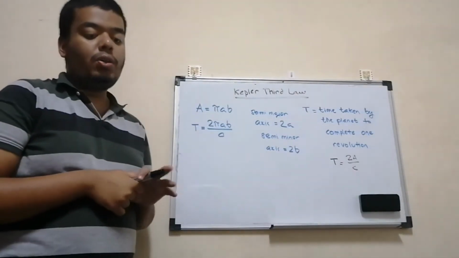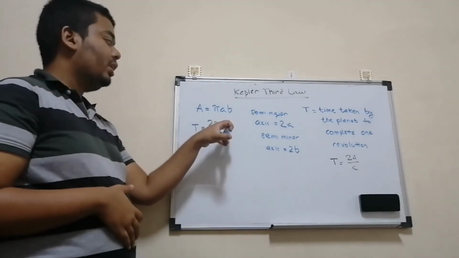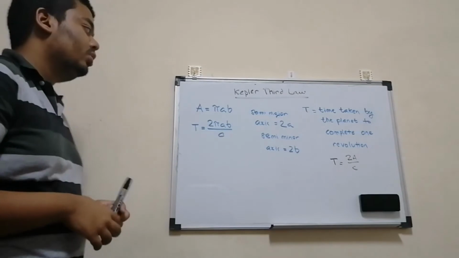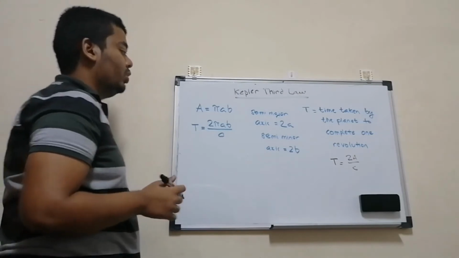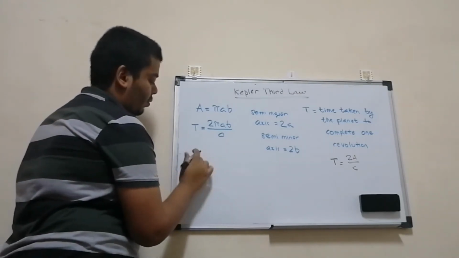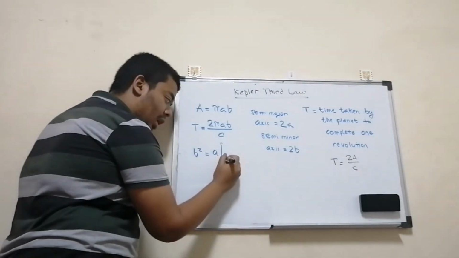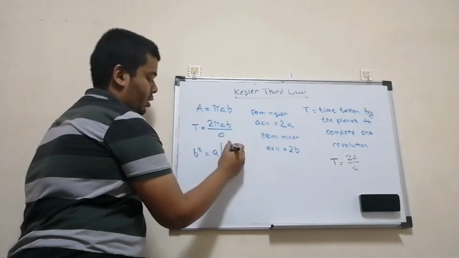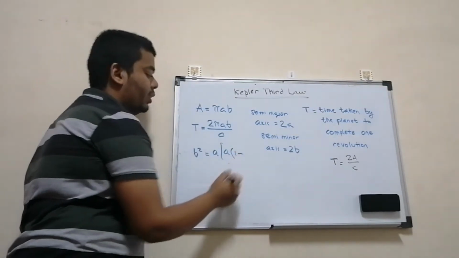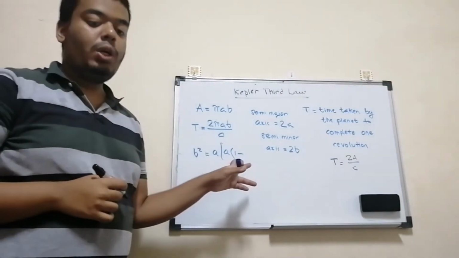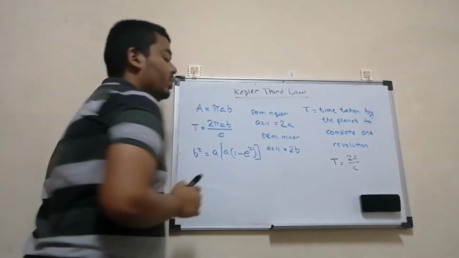We have it here. Now there is a relationship between the semi-minor axis, semi-major axis, and the eccentricity. So let's take a look at that relationship. That particular relationship is given by b squared is equal to a, and for a reason I'm writing a, into 1 minus e squared, where e is the eccentricity.